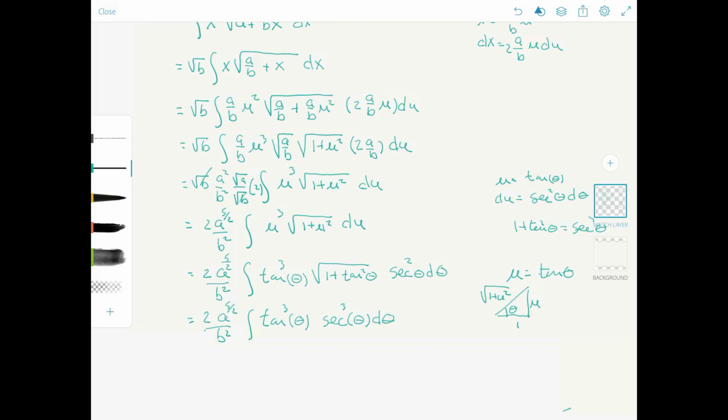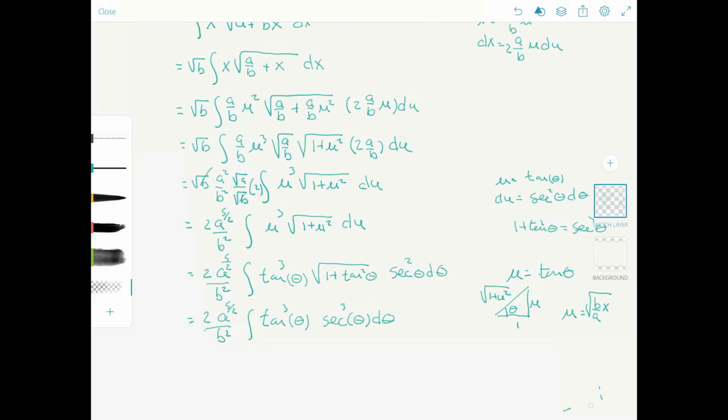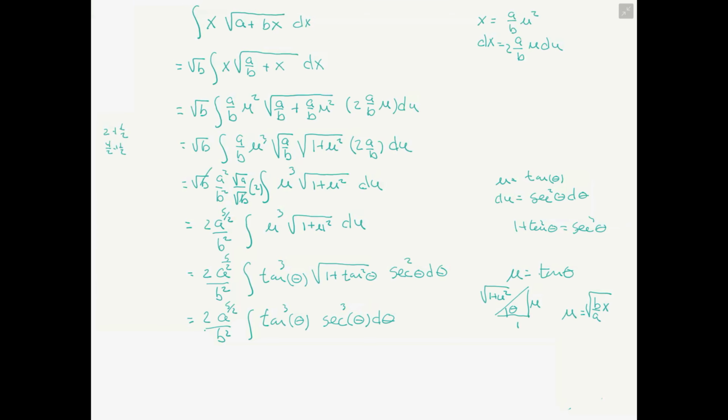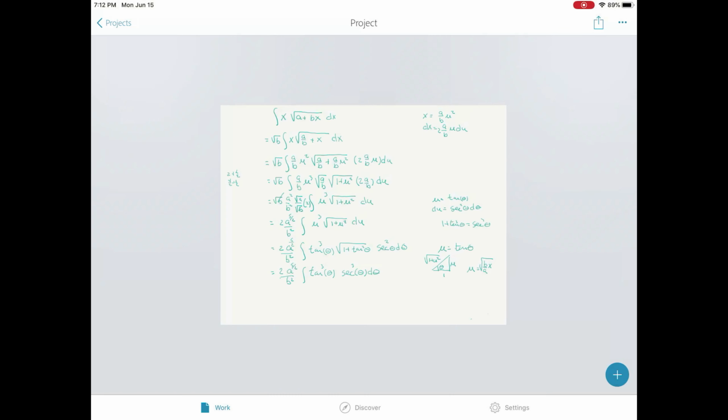So theta equals u, 1 plus u squared, and u equals square root of b on a x. All right, so let's copy those down.